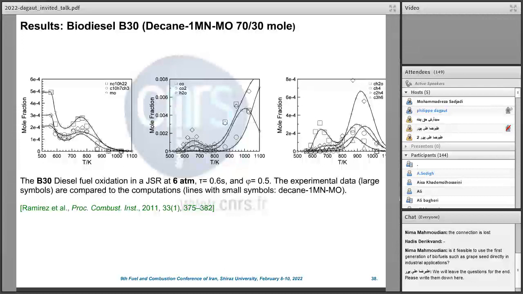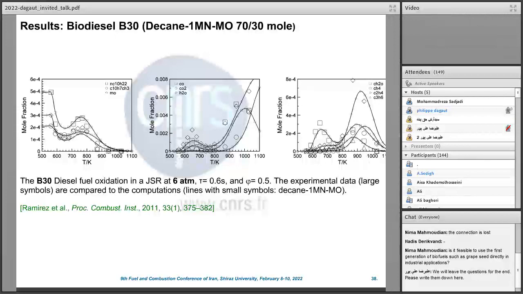We did similar experiments with butanol, which is also proposed as a biofuel, and it was similar. So methyl octanoate is reacting here, and in the same temperature region, we also have a cool flame oxidation of butanol.